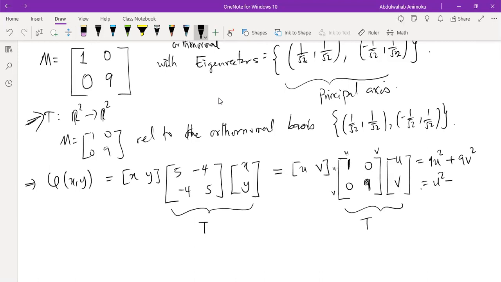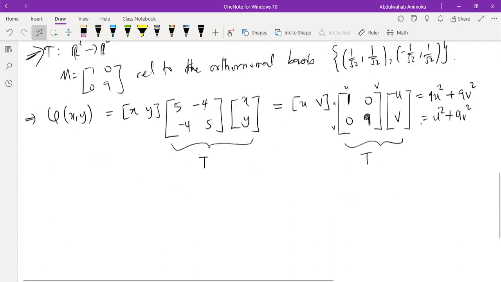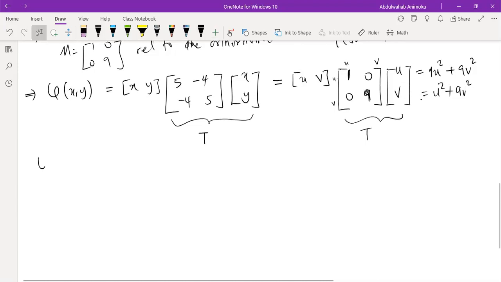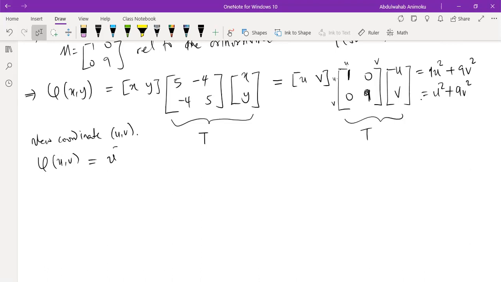So basically we have transformed the function from phi of xy to phi of uv. This will be the new thing that we're working with in the new coordinates. In the uv coordinates, the same quadratic function has now been turned to this.